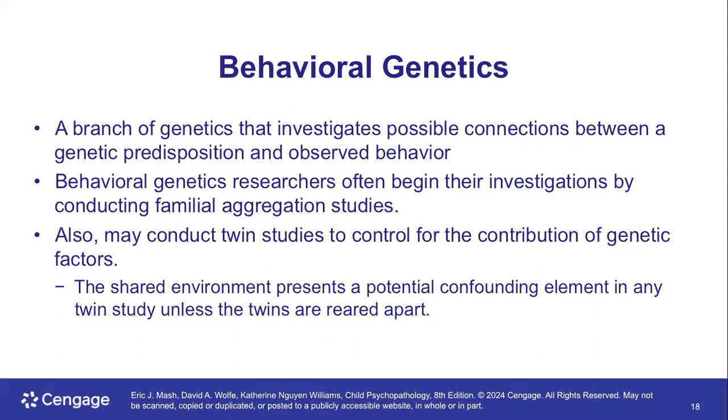So identical twins raised together are going to have a higher similarity in an outcome than even identical twins reared apart. So if we look at the Minnesota twins study, we see there are striking similarities between twins, even if they're reared apart, but not to the same degree as if they were raised together.